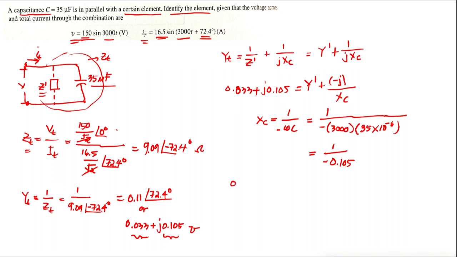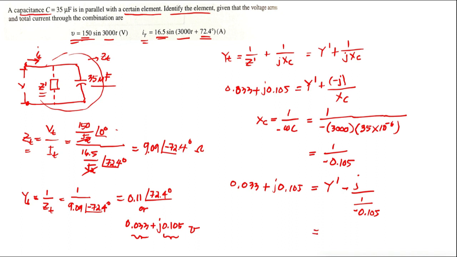Now let us again write the equation: 0.033 plus j 0.105 equals y prime plus, I write here negative j over x sub c, so the value of x sub c is 1 over negative 0.105. So that's the value.